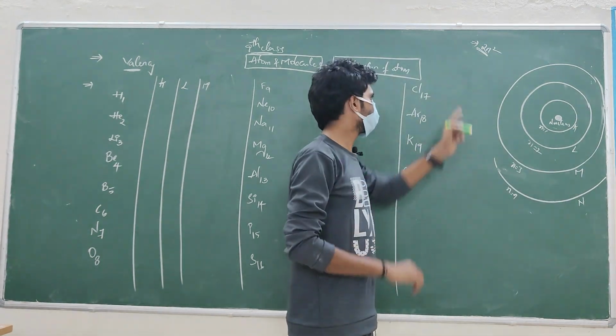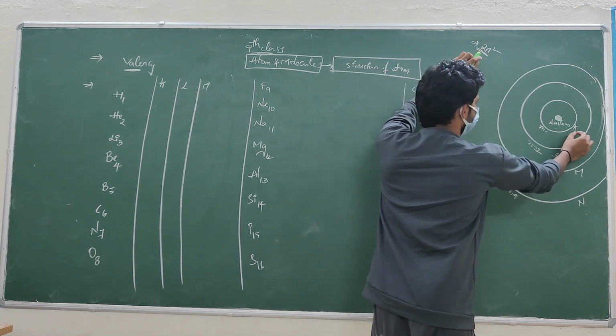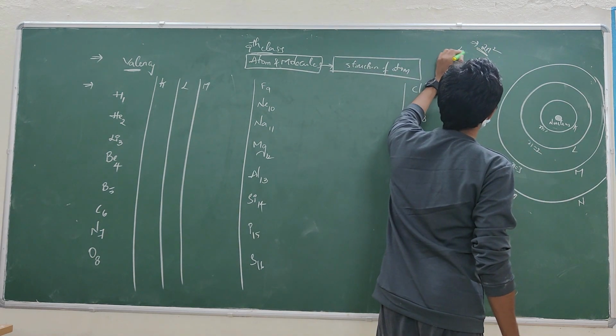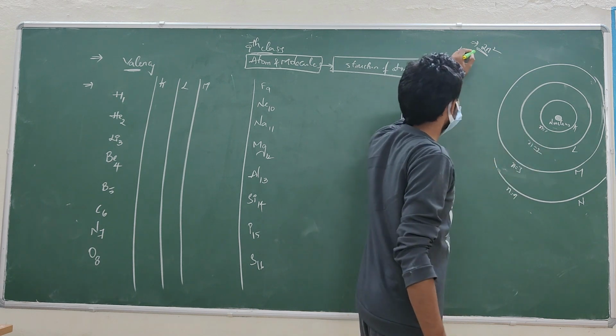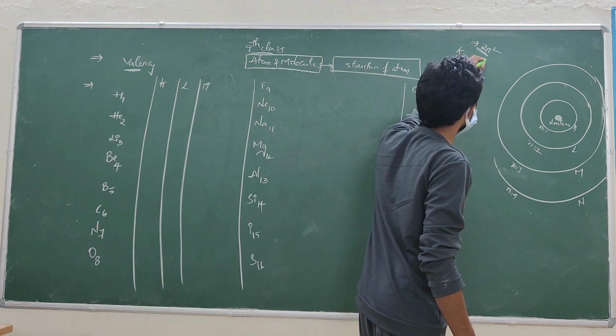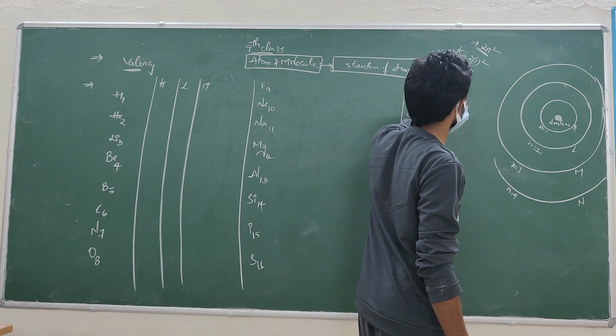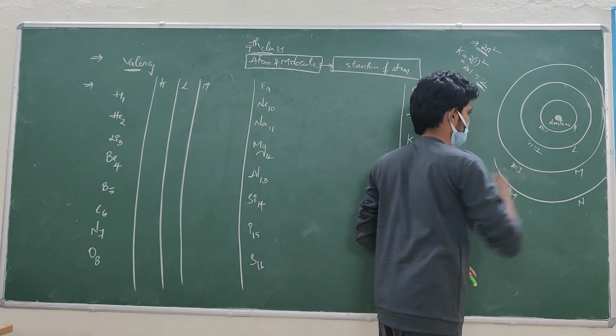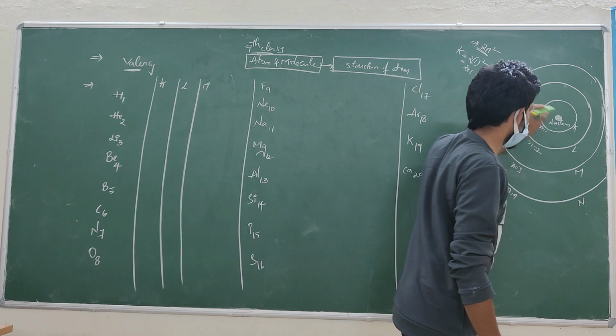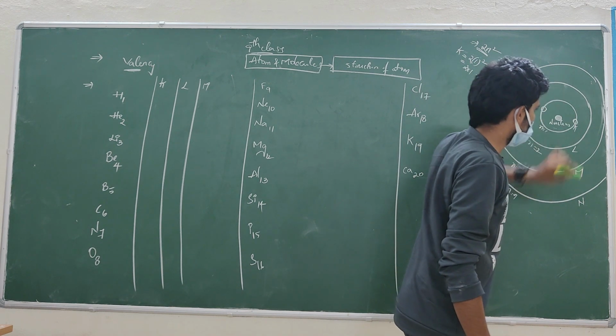The formula is 2n square, right? For the K shell, substitute the n value: 2 into 1 square, 1 square is 1, so 2 ones are 2. So the maximum number of electrons that can fit in the K shell is 2 electrons.